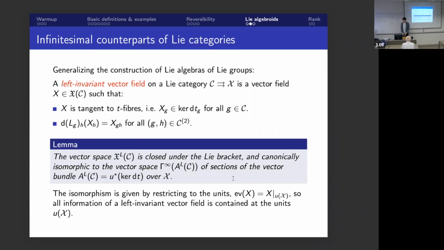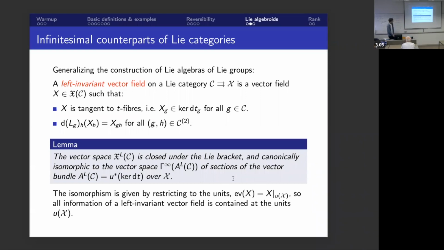These are vector fields on TC, so I have a natural Lie bracket here, right? If I take two left invariant vector fields and form their Lie bracket, it's again going to be left invariant. This is what this word here is saying: it's closed under the Lie bracket.